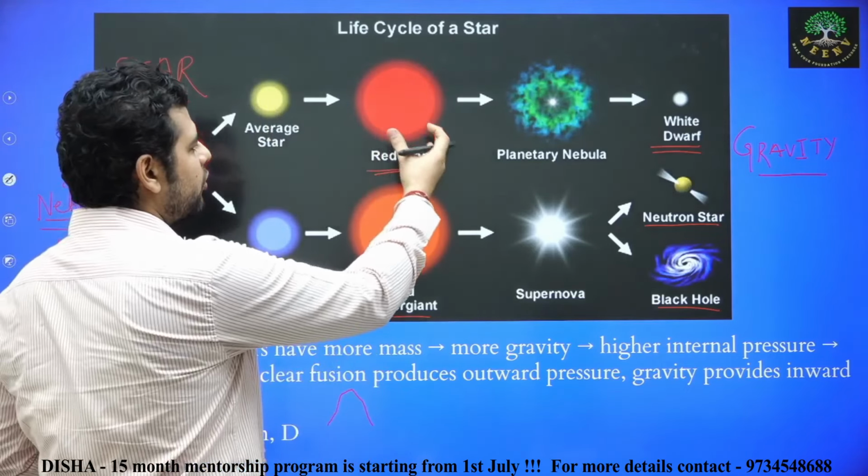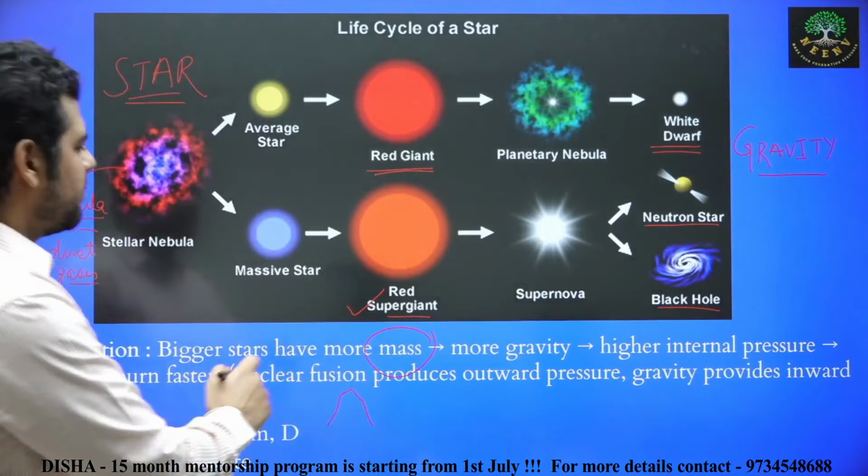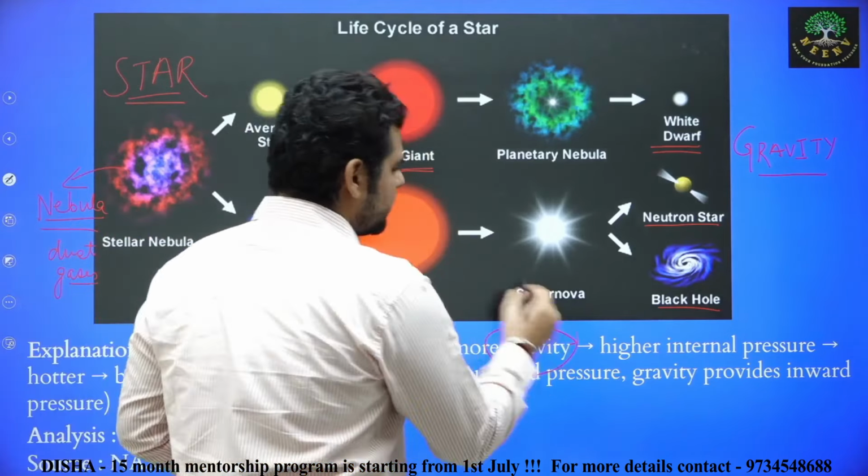So this is the point. Gravity is the crucial factor. Bigger stars have more mass. I have a simple equation prepared for you: more mass, more gravity, more pressure, and it leads to more nuclear reactions. So now we have understood this. Let us see the second statement first.